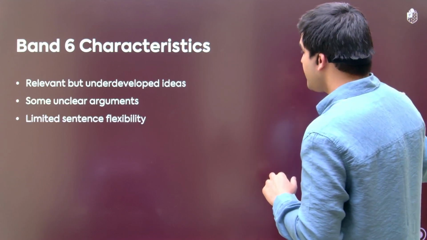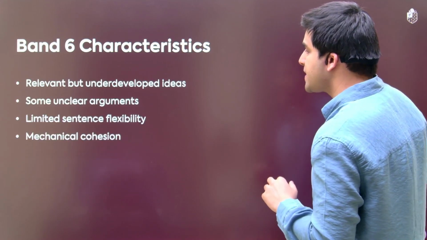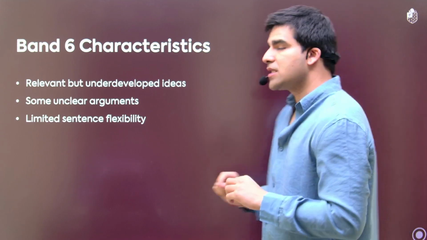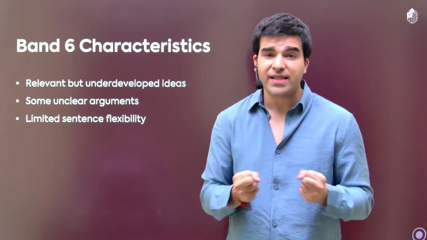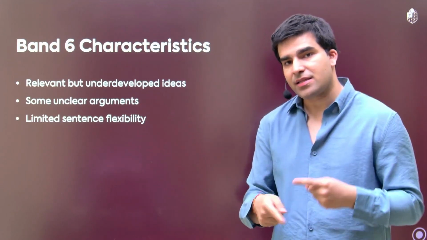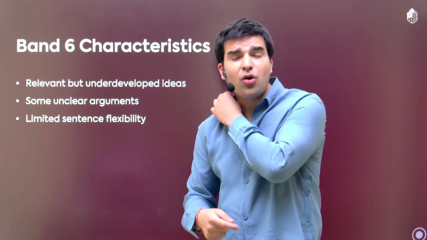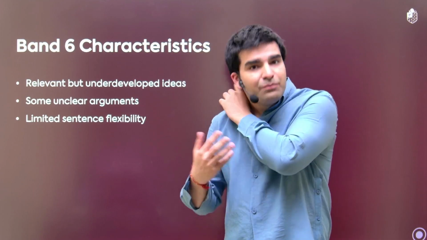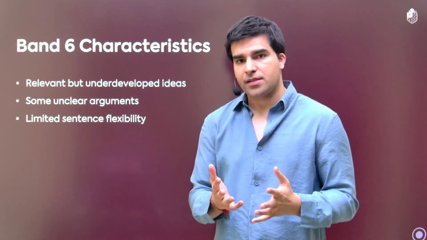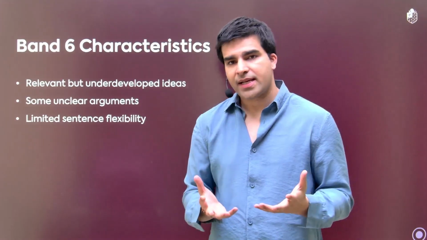Now, the next one that I have is limited sentence flexibility. Now, what does that mean? It means the sentences that you write are predominantly simple. They're not complex sentences. What is the meaning of complex sentences?